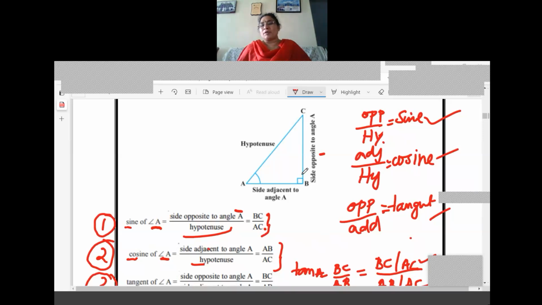Sine of angle C, the opposite side is AB and the hypotenuse is AC. So the same formulas you can try with respect to angle C, right? If you try that, it will be helpful for remembering also. That is a homework for you. Practice that on paper, then the names and ratios will be remembered, and you can do questions based on this easily.